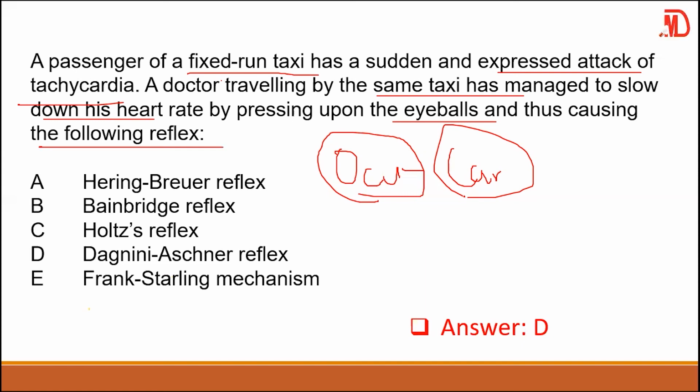Again, another name is called what? Oculocardiac reflex. This is where a decrease in the pulse rate is associated with the traction that is applied to the extraocular muscles or the compression of the eyeball. So please take note.